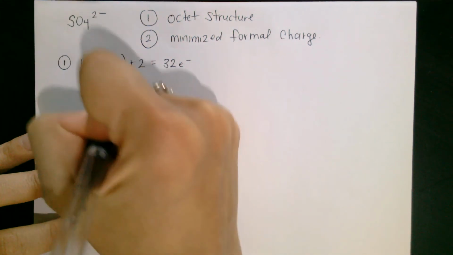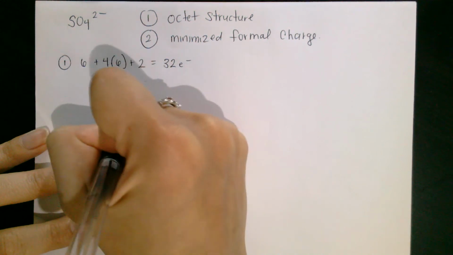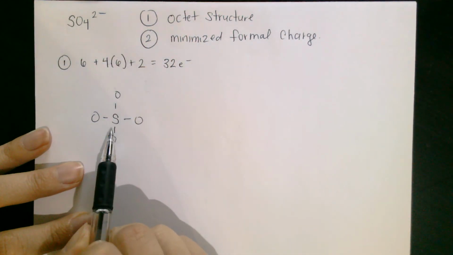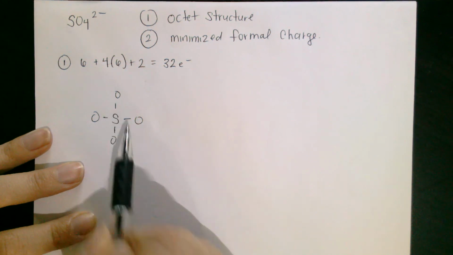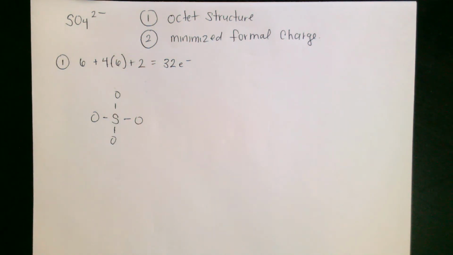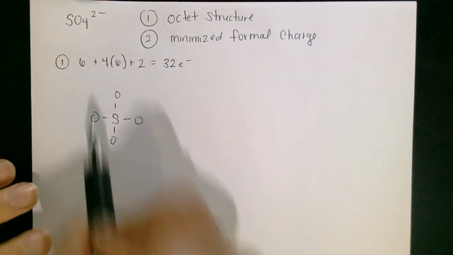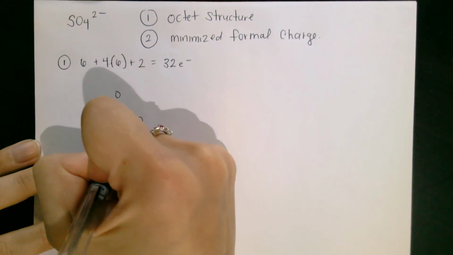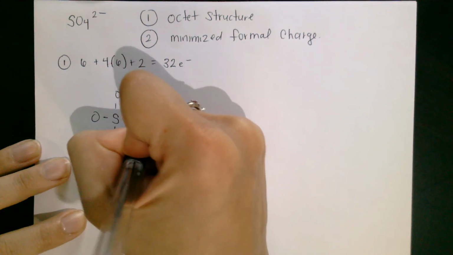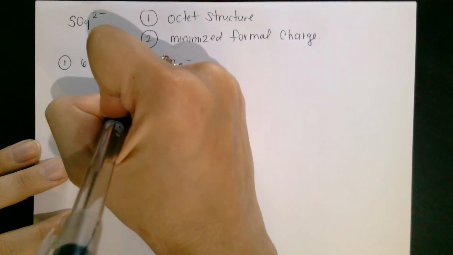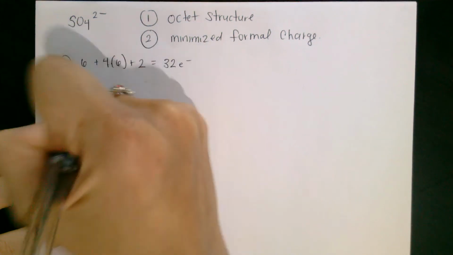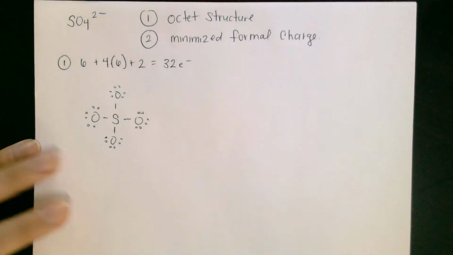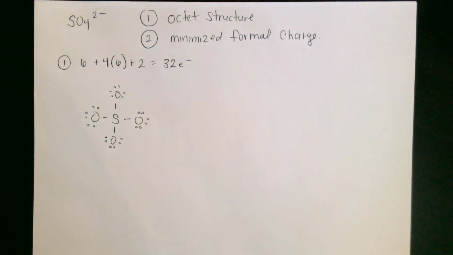We're going to put our sulfur here, single bond to oxygens. When we do that, we have 1, 2, 3, 4, 5, 6, 7, 8. So we already have 8 electrons on sulfur, so we're pretty good there. Then 2, 4, 6, 8, 10, 12, 14, 16, 18, 20, 22, 24, 26, 28, 30, 32. So there is our octet structure.